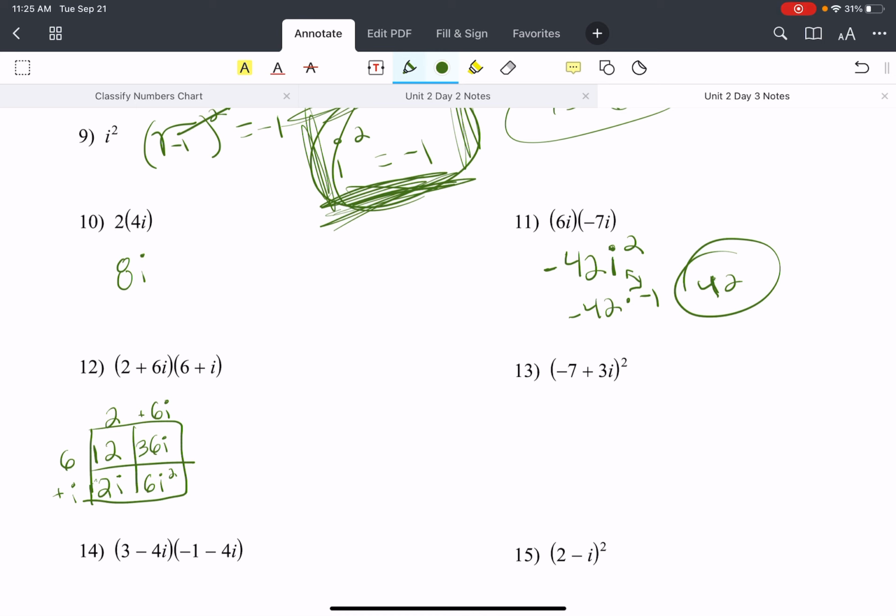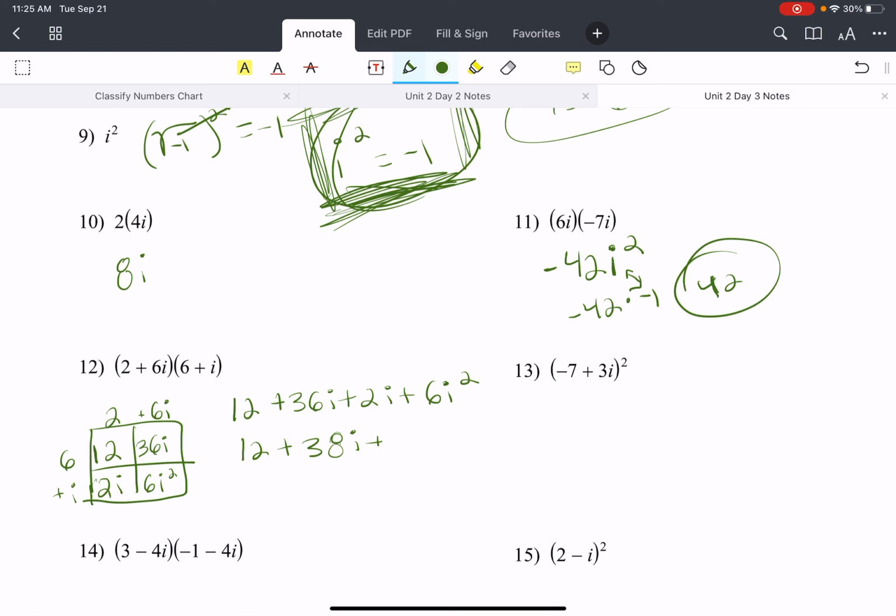Then I add up my like terms. My two i's go together. But guess what?